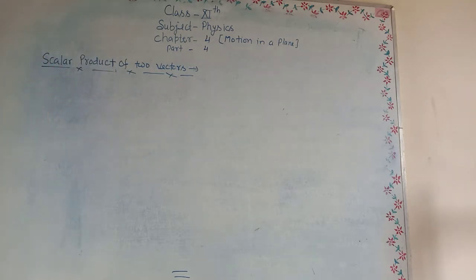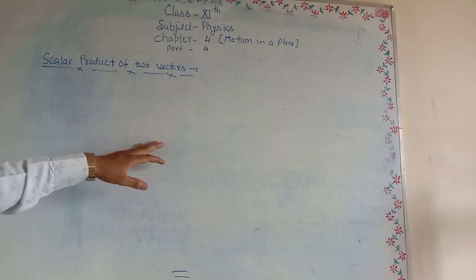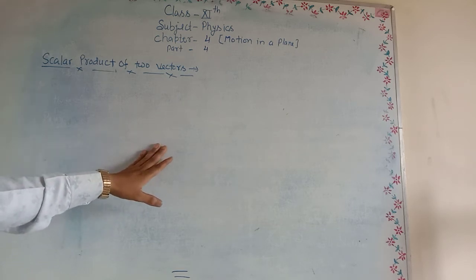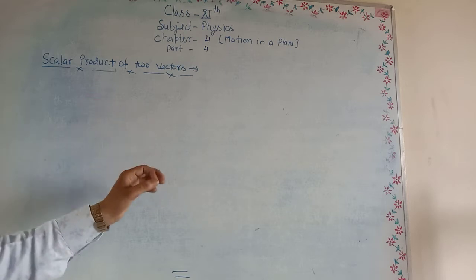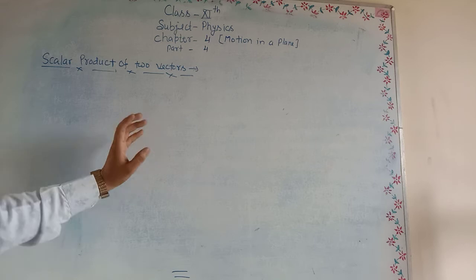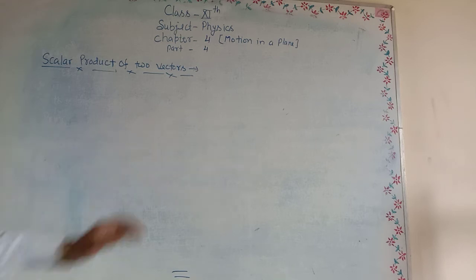The scalar product or dot product of two vectors is defined as the product of the magnitudes of the vectors and the cosine of the angle between them.